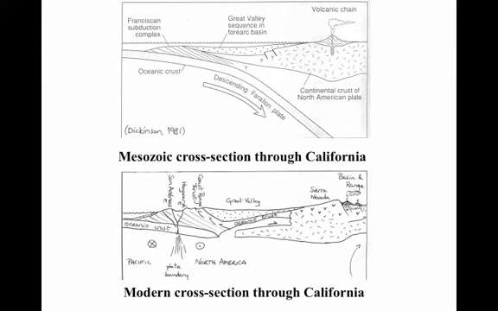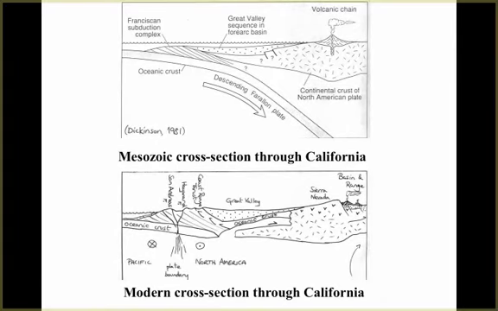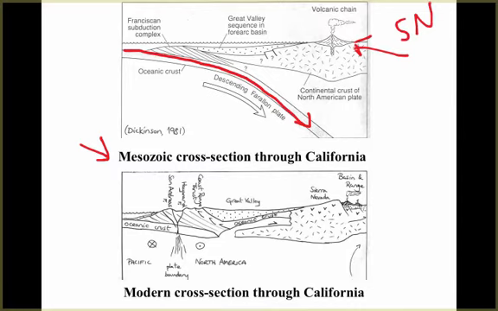And if we compare cross sections of what the Western Plate boundary looked like in the Mesozoic, while subduction was taking place, you'll see that we have this descending Farallon Plate of oceanic crust subducting beneath Western North America, under what is now California, an active arc that is the Sierra Nevada arc that was generated where fluids being driven off the descending Farallon Plate generated melting that fed the volcanic arc.